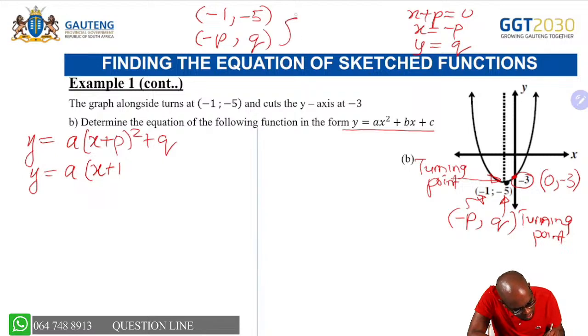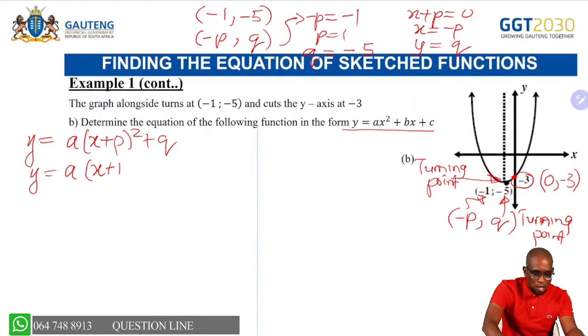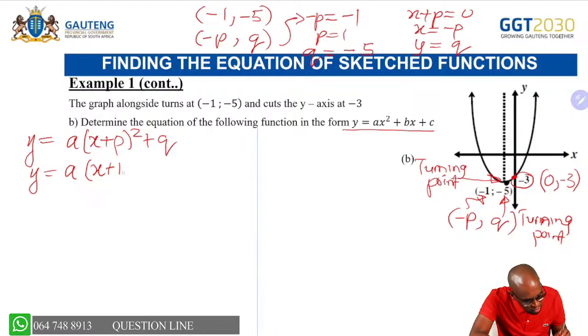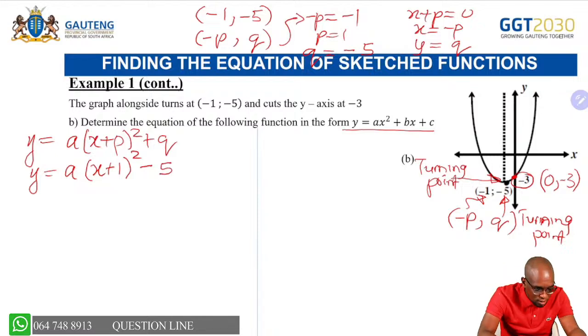So negative p is equal to negative 1, which means p equals 1. That's how you find that one. And then q is equal to negative 5. So I can just substitute p equals 1: where I see p, I put 1 squared plus q, which is negative 5. So that is the first step.